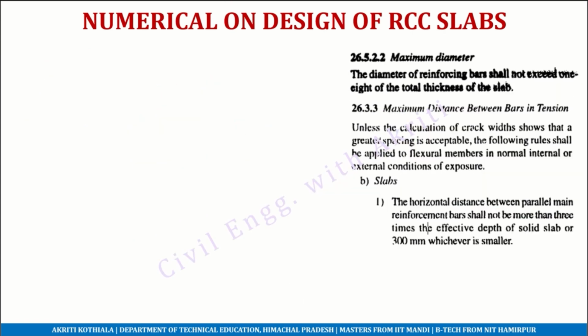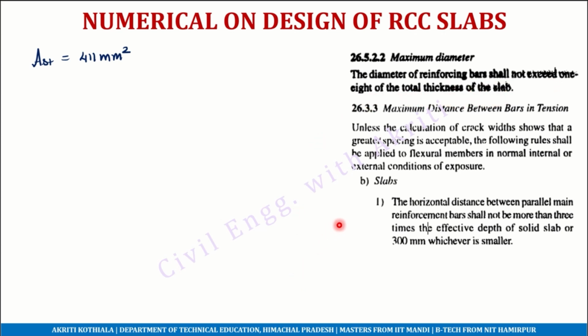So now to provide this 411 AST, which we have calculated from annexure G, we need to consider clause 26.5.2.2, which specifies the maximum diameter which is permissible to be used in a slab. So the diameter of reinforcing bars shall not exceed 1/8 of the total thickness of the slab.